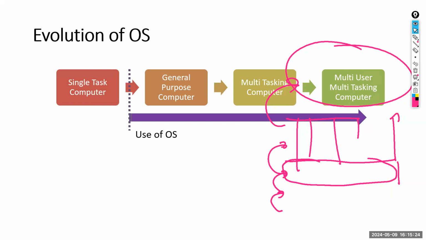Right. So let's look at a little bit of the evolution of operating systems. You know that electronic computers evolved in the 1940s, 50s, 60s, up to now. In the 1940s and 50s, almost all those computers or computing devices were able to do a single task.